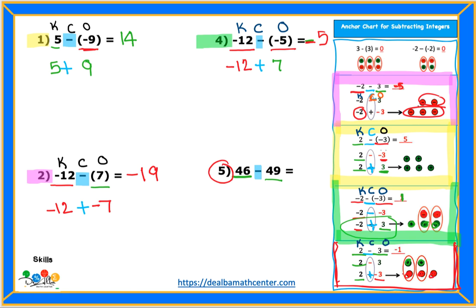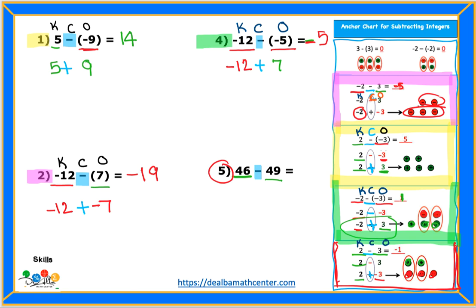Then they're going to cancel out the 0 pairs. And what we said is if we have opposites, it's like subtracting. What is 3 minus 2? That's going to be 1. Then the sign will be the one that has more absolute value. In this case it is negative 3. So the sign is negative because on that one we have more chips, like the example that we have right here.